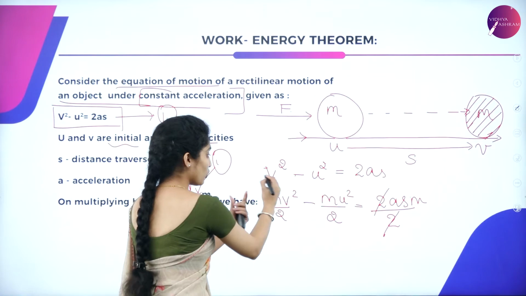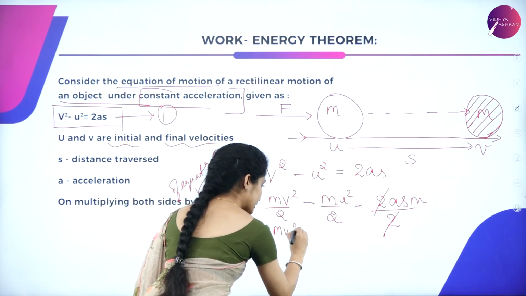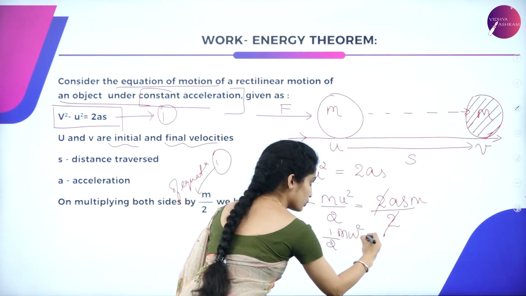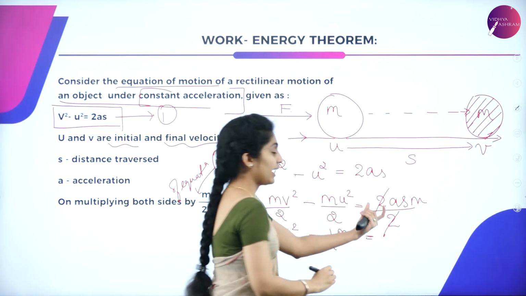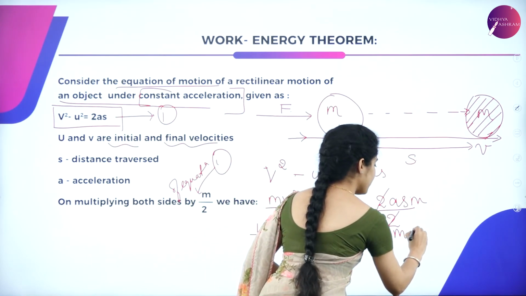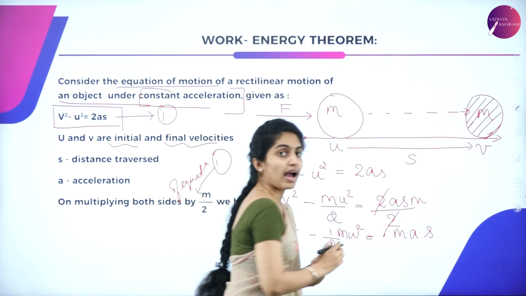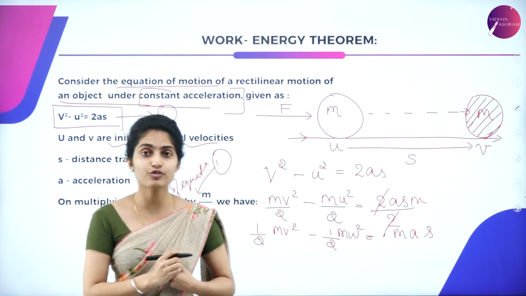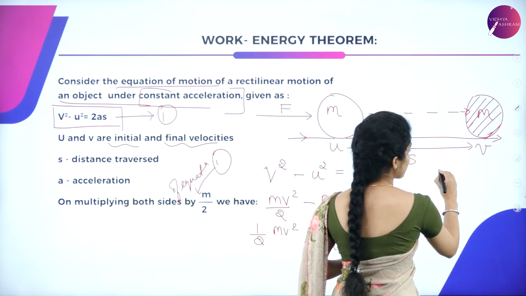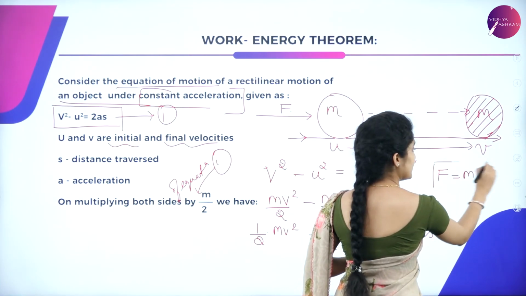You just take 1 by 2 outside: 1 by 2 mv square minus 1 by 2 mu square is equal to ma into s. So mass into acceleration is all about force. According to the second law of motion, we have force is equal to mass into acceleration.